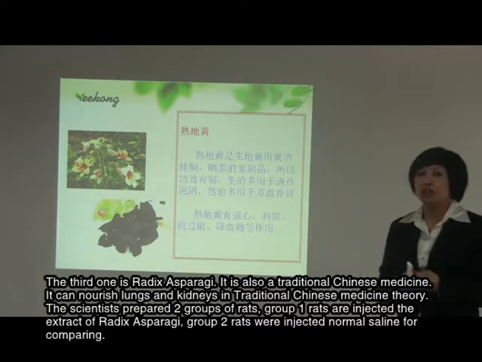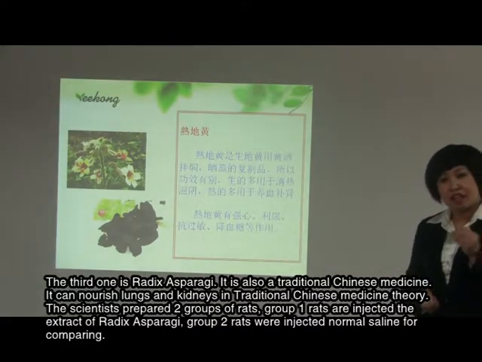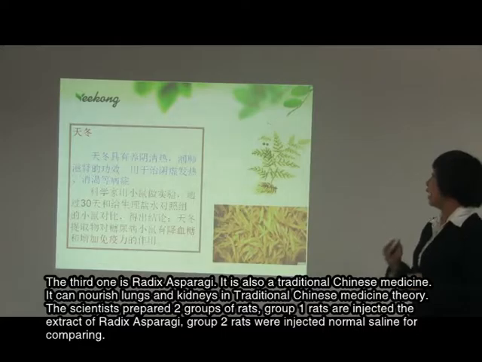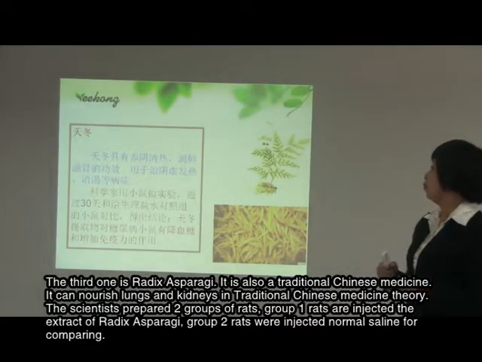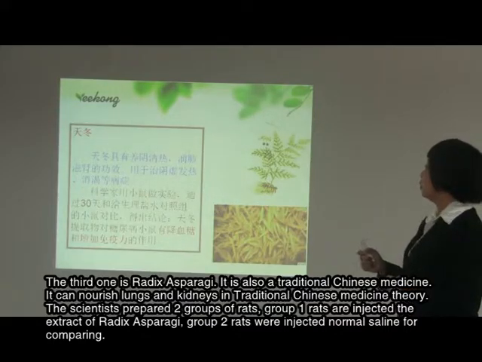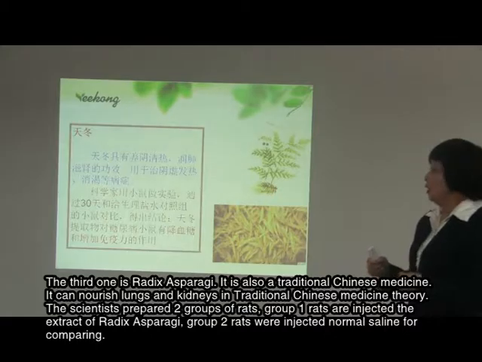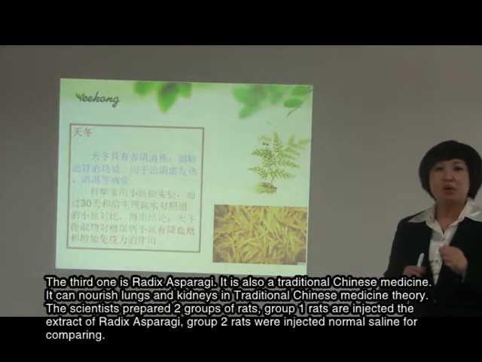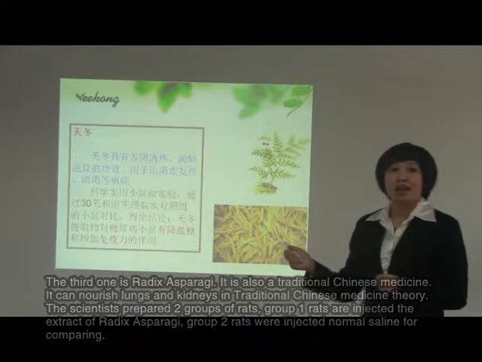The third one is radix asparagus. It is also traditional Chinese medicine. It can nourish lungs and kidneys in traditional Chinese medicine theory. The scientists prepared two groups of rats. Group 1 rats were injected with the extracts of radix asparagus. Group 2 rats were injected with normal saline for comparison.